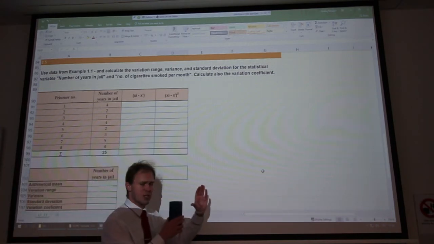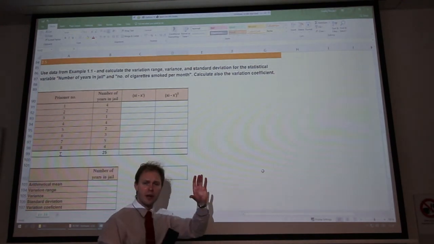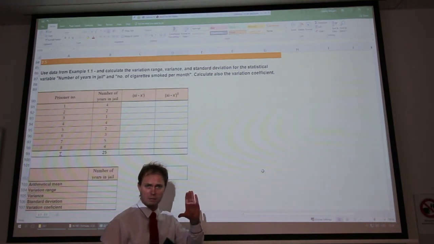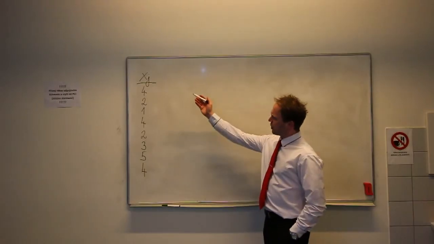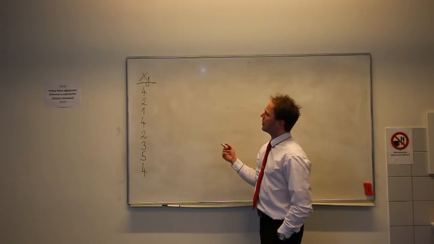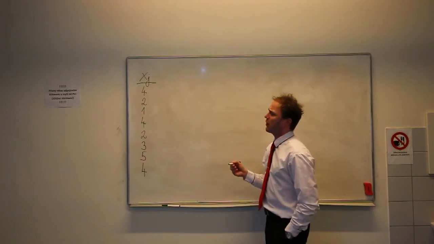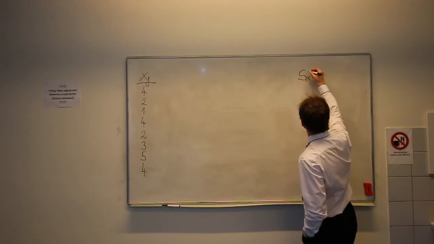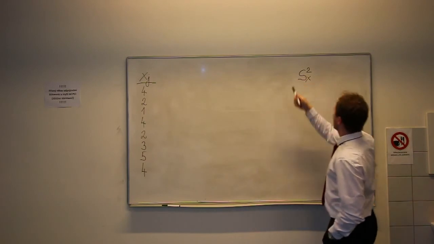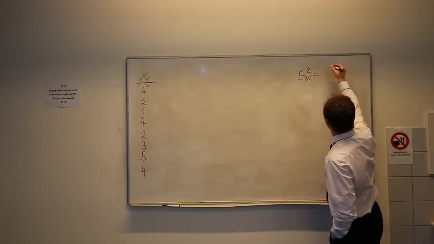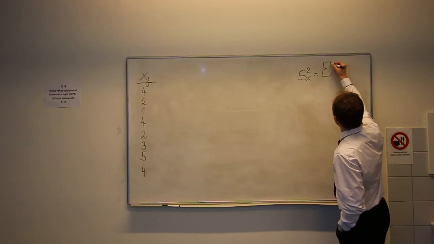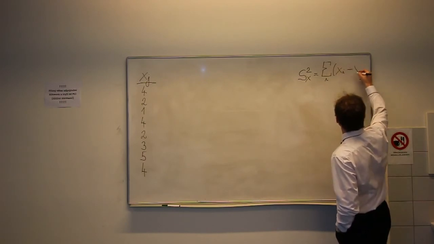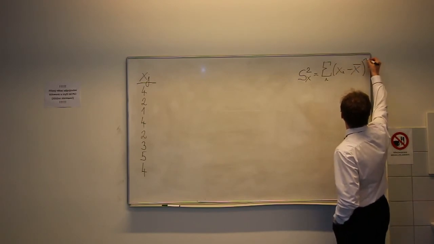I will calculate this first variable on the whiteboard, and afterwards I will show you how to solve this in Microsoft Excel. Okay, so here we have rewritten the values of our observed variable. In your formulas, you can find s squared, the variance, which is calculated as the summation through all i of xi minus x with stripe, squared.